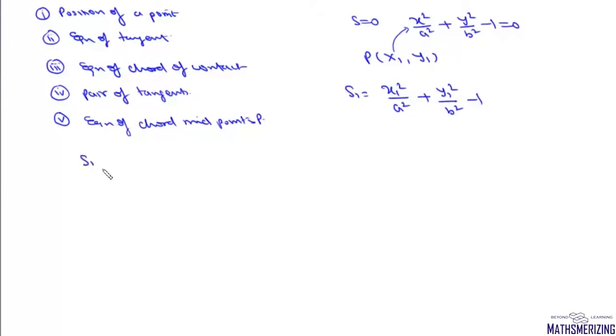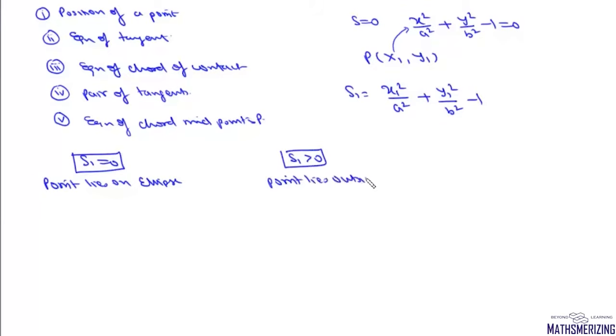So if the value of S1 is 0, it simply means point lies on ellipse. If S1 is greater than 0, then point lies outside the ellipse, and if S1 is less than 0, then point lies inside the ellipse.